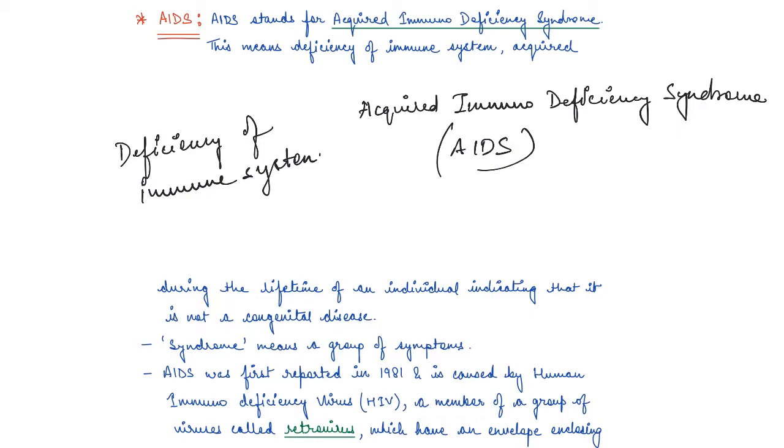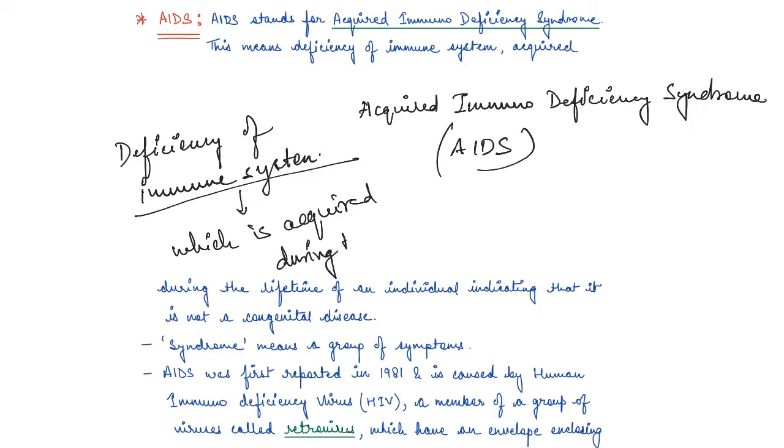Now, what kind of immune system? The immune system which is acquired during the lifetime of an individual. So what does it indicate?